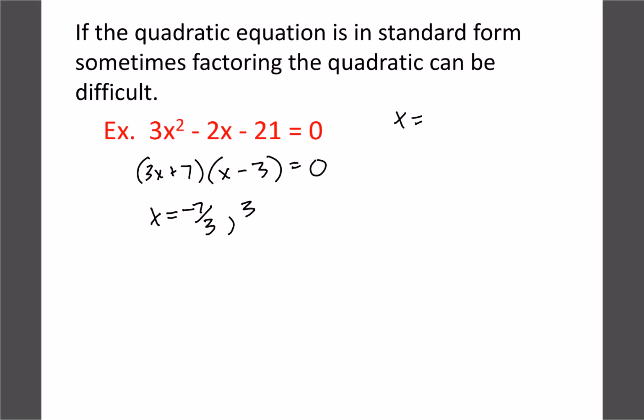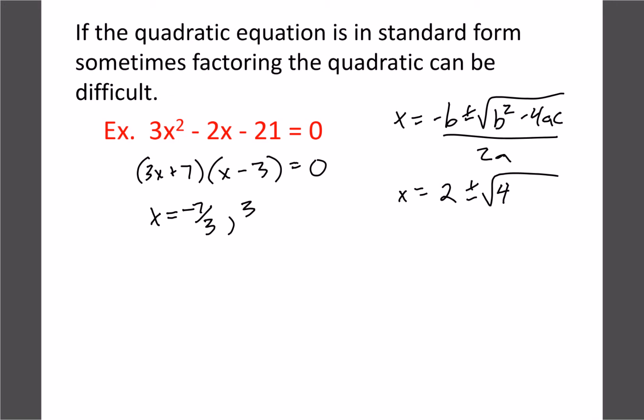So our formula is minus b plus or minus the square root of b squared minus 4ac, all over 2a. So if we plug all of our numbers in, minus b would be the negative of negative 2, which is positive 2. B squared will be 4, and then we get minus 4 times 3 times negative 21. And all of that divided by 2 times a, which would be 6.